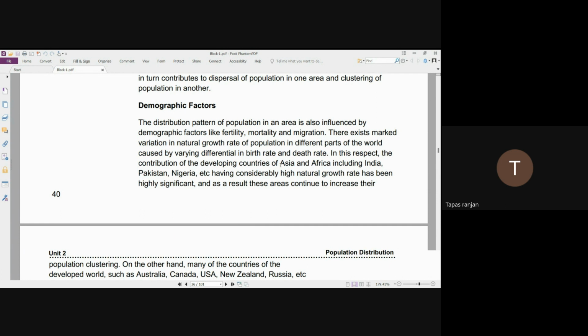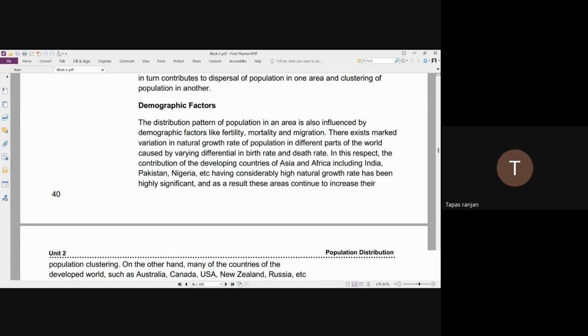It is not that the demographic factor is the only determinant, but it still helps in understanding why Asia has a large population.